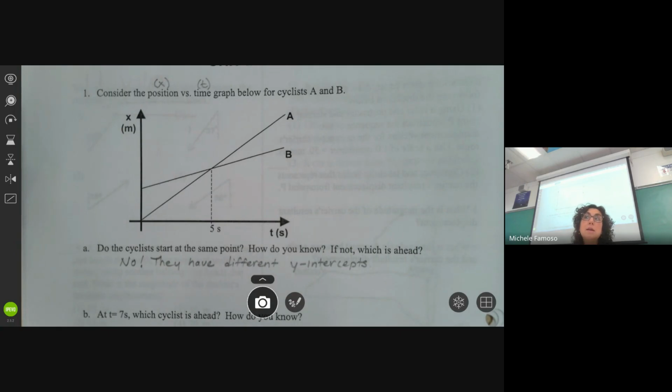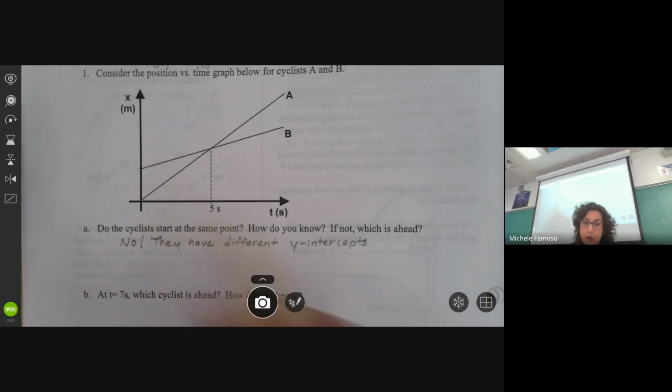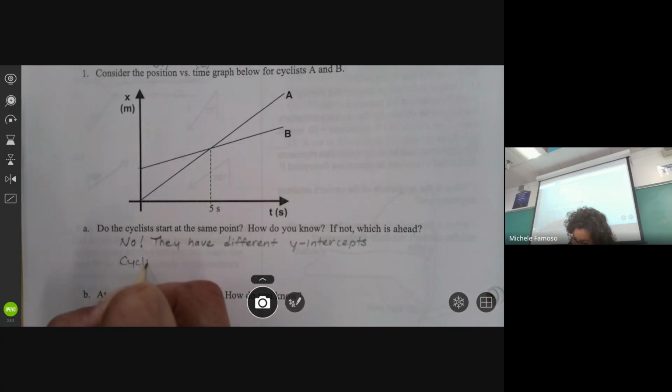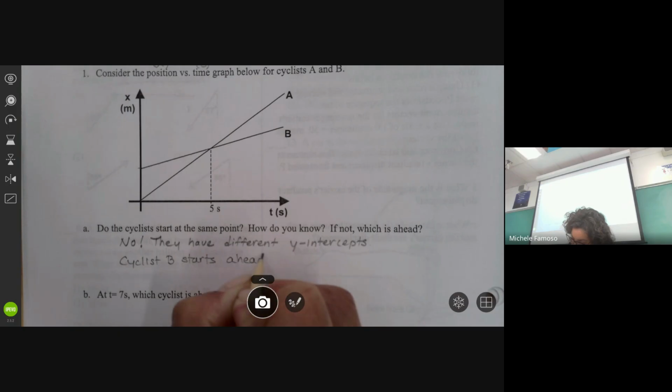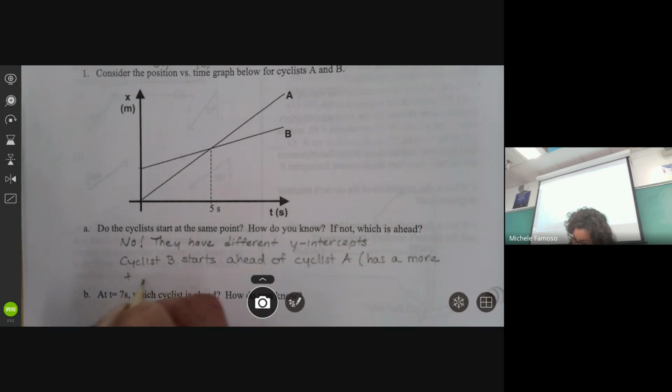Yes, how do you know? Yeah, it has the most positive y-intercept. So cyclist B starts ahead of cyclist A because it has a more positive y-intercept.